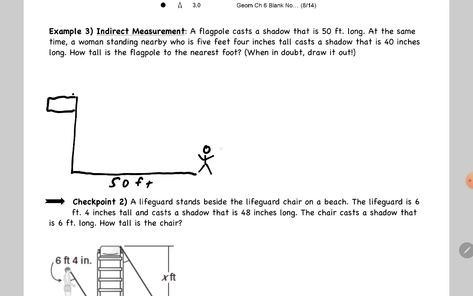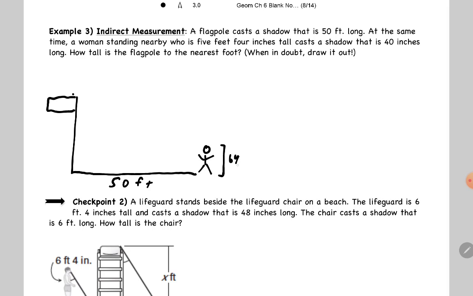So we got a woman here, 5 feet 4 inches. How many inches is that? 5 times 12 is 60. So this person is 64 inches.